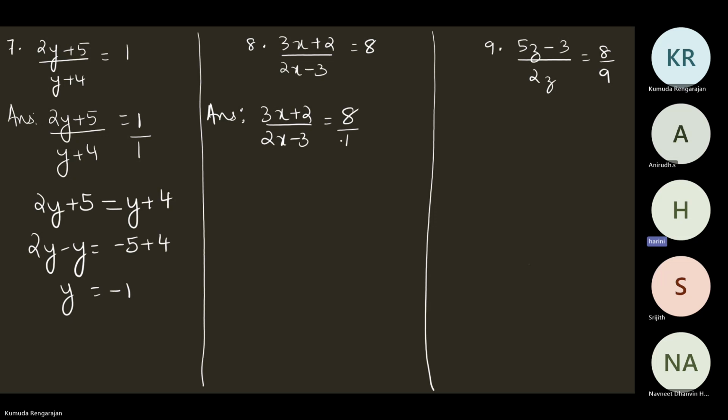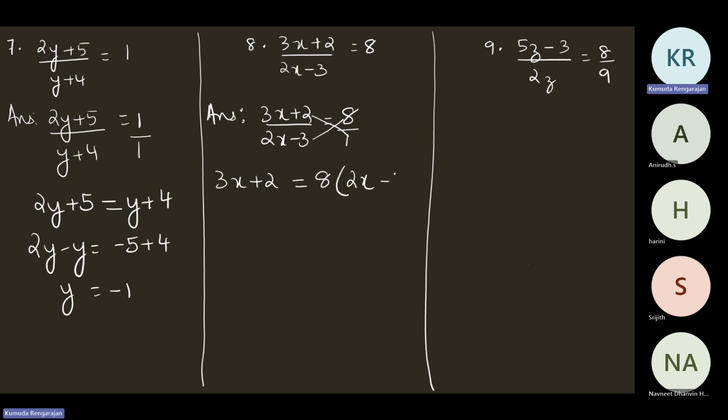Next step is 3x plus 2 equal to 2x minus 3 by 8. 3x plus 2 into 1 is 3x plus 2. 2x minus 3 into 8. Yes, ma'am. 8 into 1.